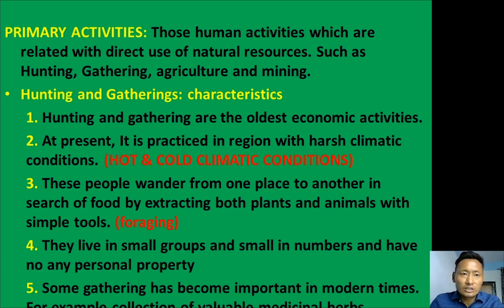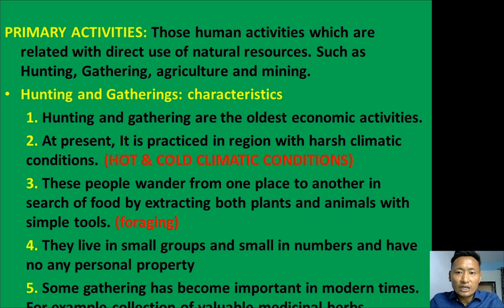So in this chapter, we are going to learn each primary type of activity one by one. The first primary activity that we are going to learn here is hunting and gathering. Following are the main characteristics or features related with hunting and gathering.